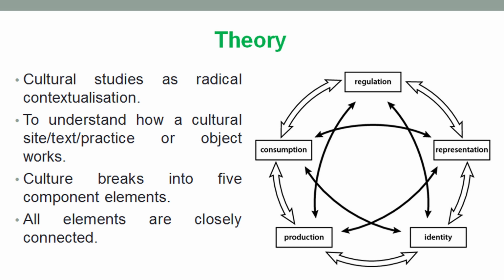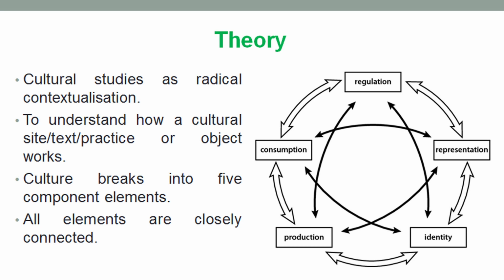Moreover, how each of these elements of culture relates to, co-constructs, and is a part of all the others. So we are studying how it works in terms of each element of the circuit of culture. None of these elements ever works alone. They are all very closely connected or interrelated.